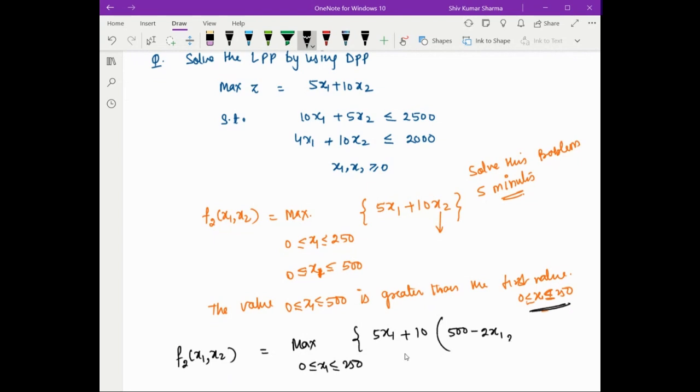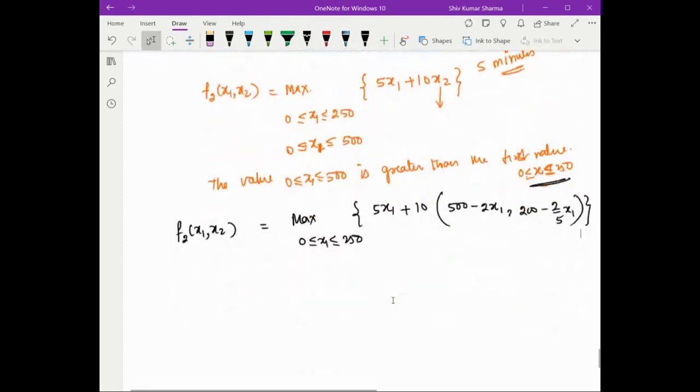And from the second constraint, the value of x2 is 2000 minus 4x1, which divided by 10 gives 200 minus 2 upon 5 x1. This is the value of x2 from the second constraint.